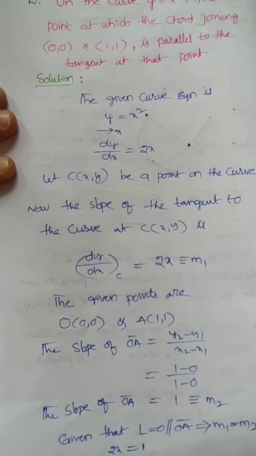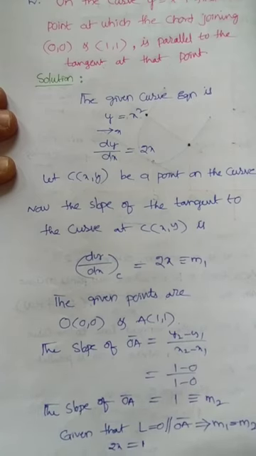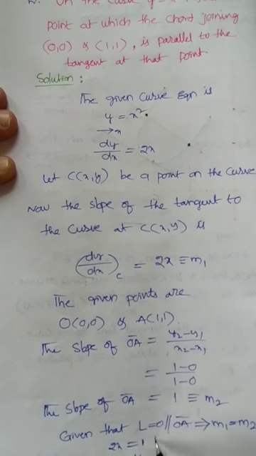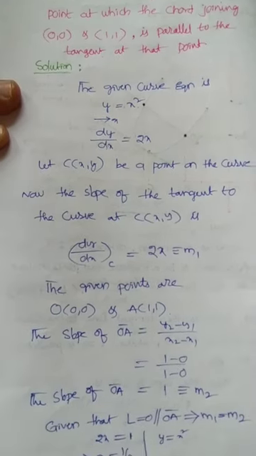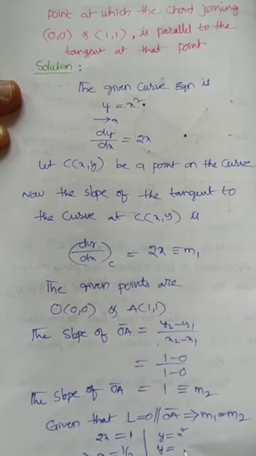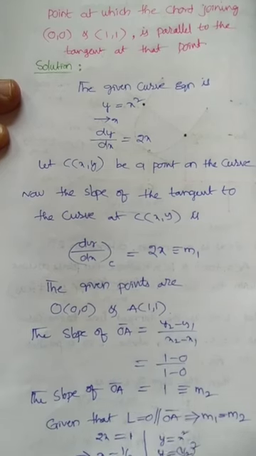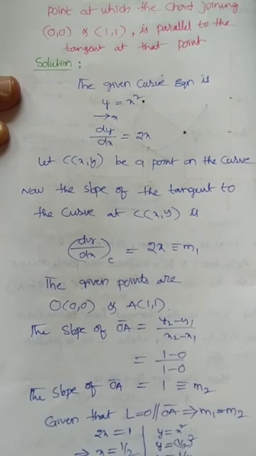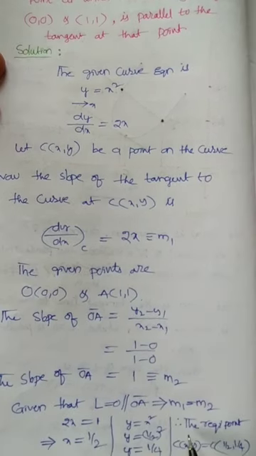That implies the x coordinate of the point C is 1 by 2. Our curve is y is equals to x square. On that I am substituting the x value, 1 by 2 whole square. So the y coordinate of point C is 1 by 4. So our required point C of x comma y has x coordinate 1 by 2 and y coordinate 1 by 4, so C is C of 1 by 2 comma 1 by 4.